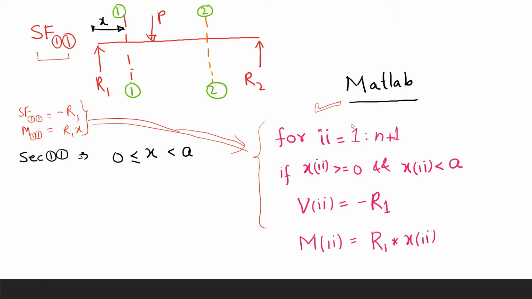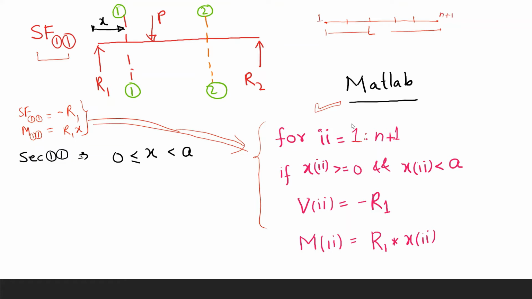So here, for i equals 1 to n plus 1. We have seen that a beam of total length L we have discretized in n parts. So the number of points was 1 up to n plus 1 points.